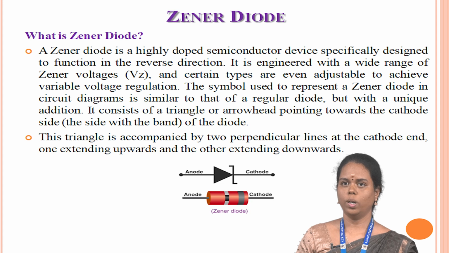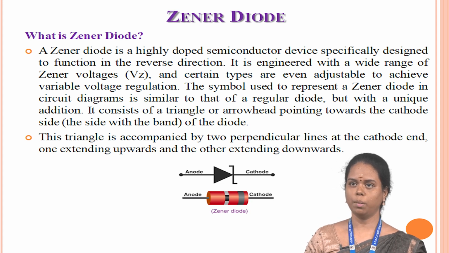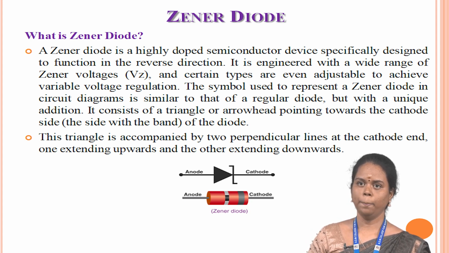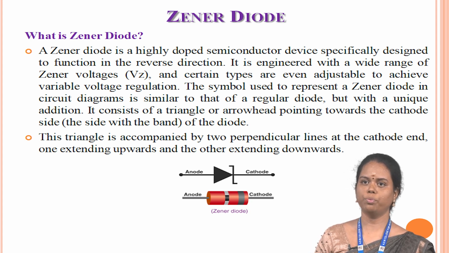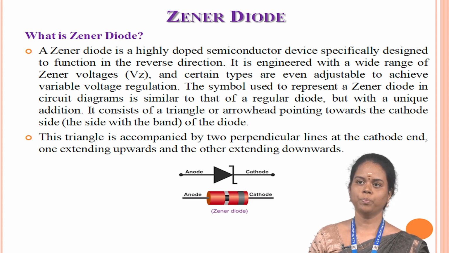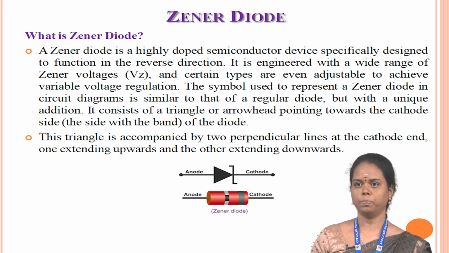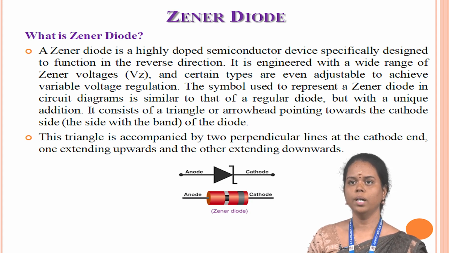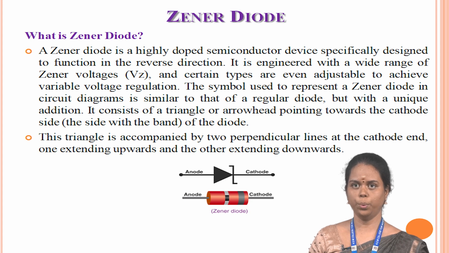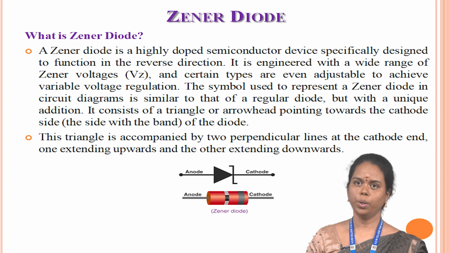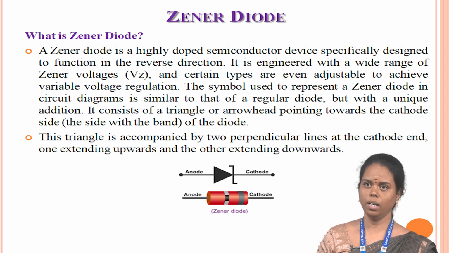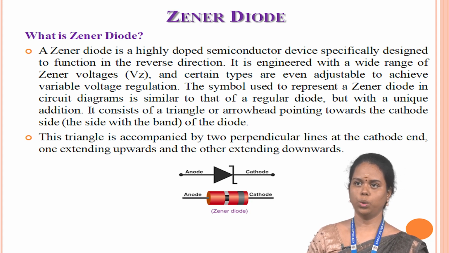Then Zener diode. What is a Zener diode? It is a highly doped semiconductor device, specially designed to function in the reverse direction. It is engineered for a wide range of Zener voltages, and certain types are even adjustable to achieve variable voltage regulation. The symbol used to represent a Zener diode in a circuit diagram is similar to a regular diode but with a unique addition. It consists of a triangle pointing towards the cathode side.